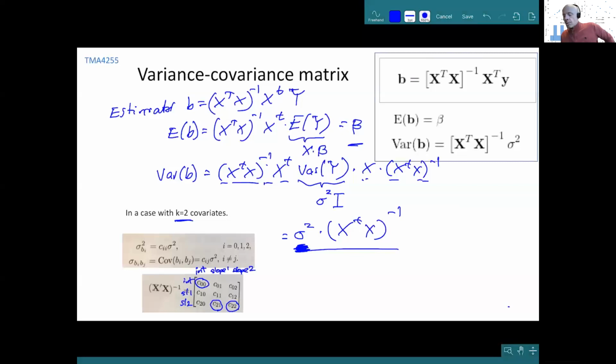And these covariances are quite important because sometimes we have covariates that are almost identical, and then it turns out that the rows in this matrix are almost the same. They're linearly dependent. And perhaps then it's not worthwhile to have all the covariates in the model. Actually, you might be just as well off without one of them. This is called collinearity. And we will get back to this in a few minutes.